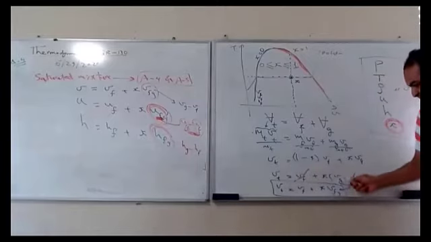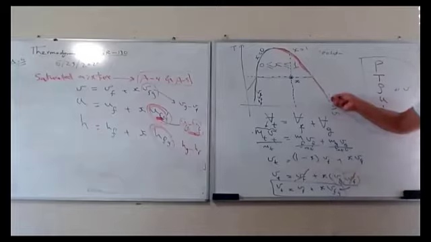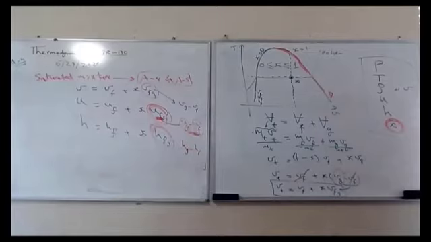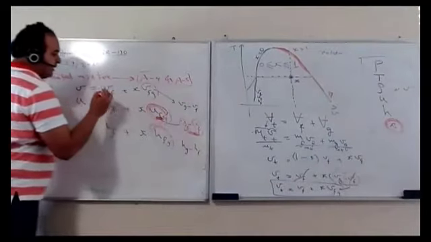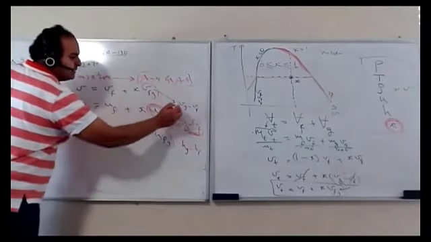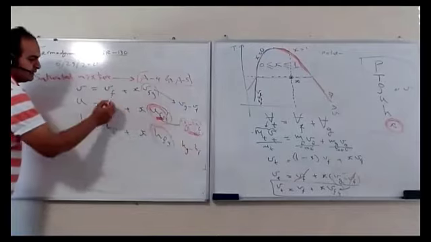So the remainder is what? VG, which is complete vapor. It's the same here: this is VG minus VF. If x equals 1, this cancels this, and the remainder is VG.